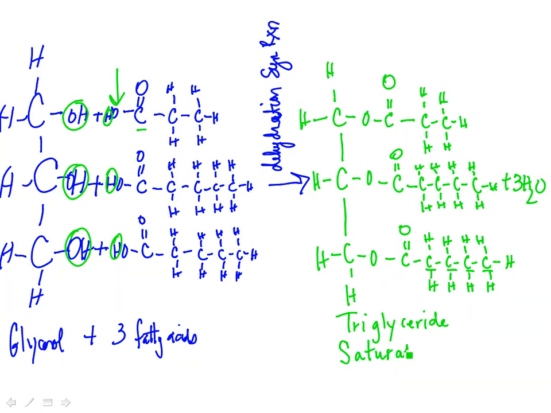So that's the other thing we can say. We created a triglyceride or a saturated fat. So this concludes our review for creating a triglyceride in the category of saturated fat. See you in class.